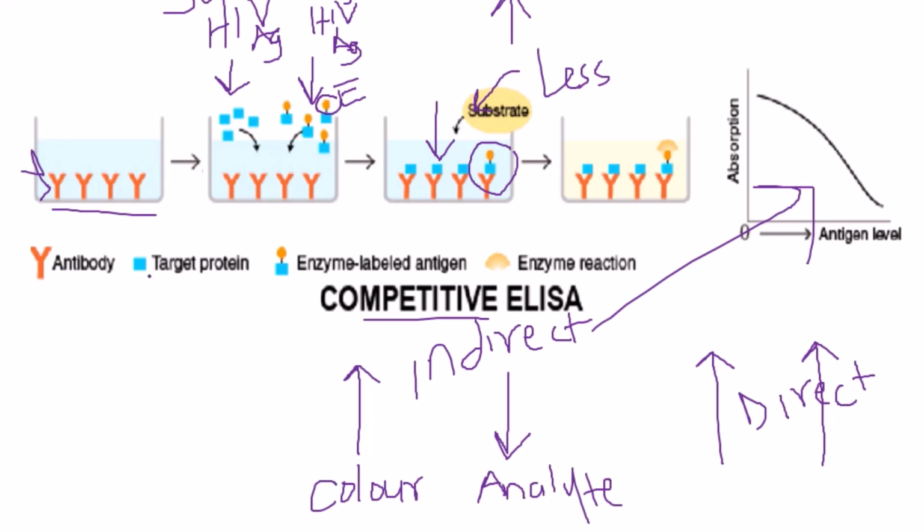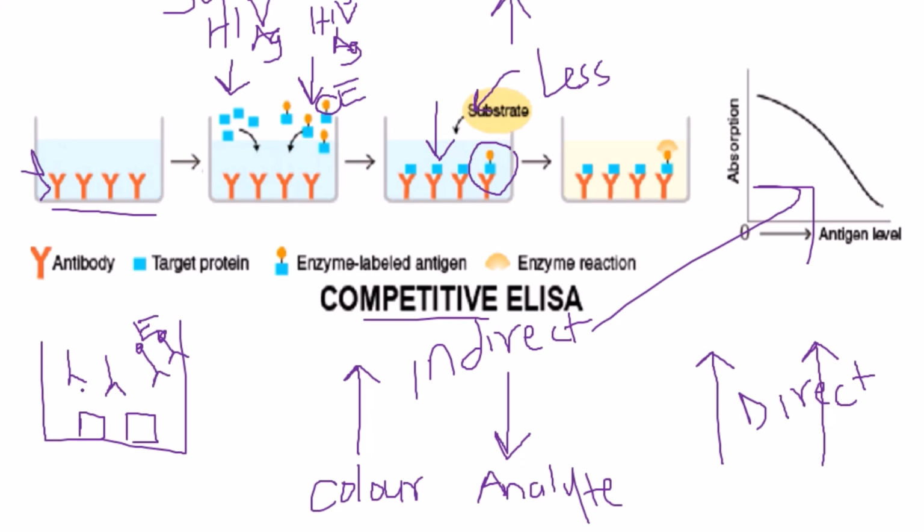This competitive ELISA can also be done by coating our well with the antigen instead of the antibody, and now adding antibodies that are from the patient's serum and synthetic ones that have enzyme conjugation. These are enzyme conjugated, these are from the patient's serum, and the same case applies.